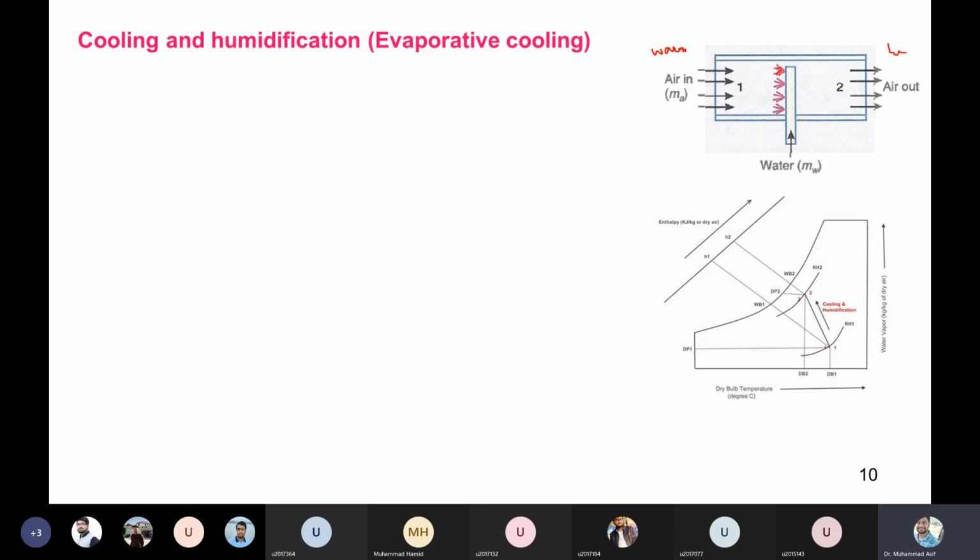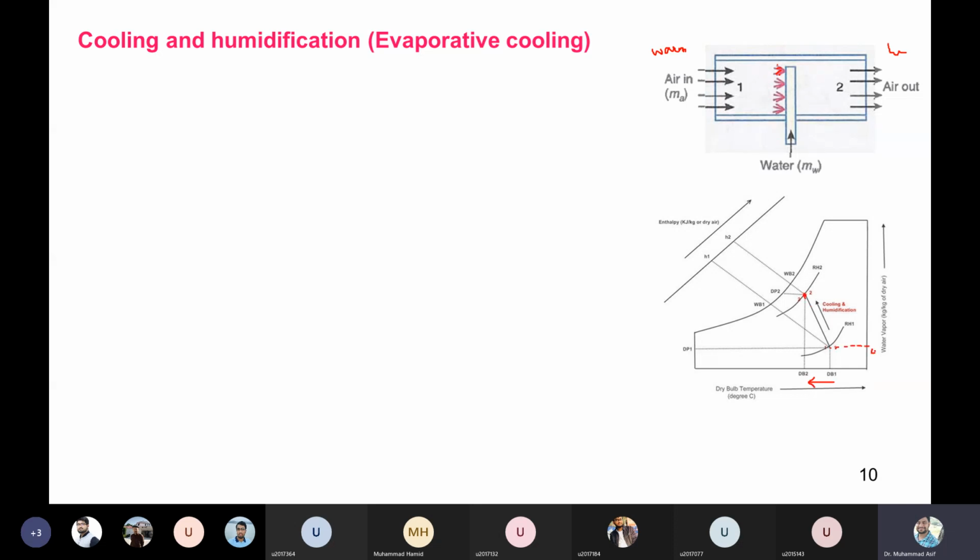So you can draw the same process on the psychrometric chart as well. As you can see, the outdoor air has a high dry bulb temperature but low humidity. When you spray the cold water, its dry bulb temperature is decreased, but you have increased the humidity ratio.